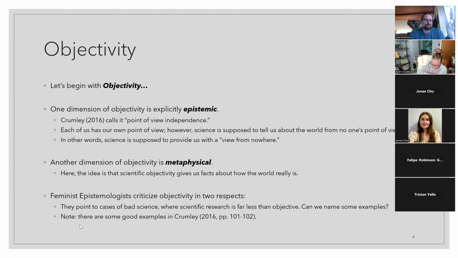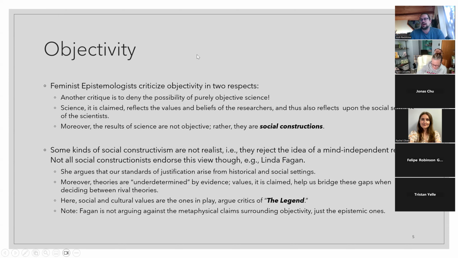Okay. So that was our example. How are feminist epistemologists criticizing objectivity? Well, we can also critique objectivity by denying that there can even be a purely objective science. Because after all, science is something practiced by people.